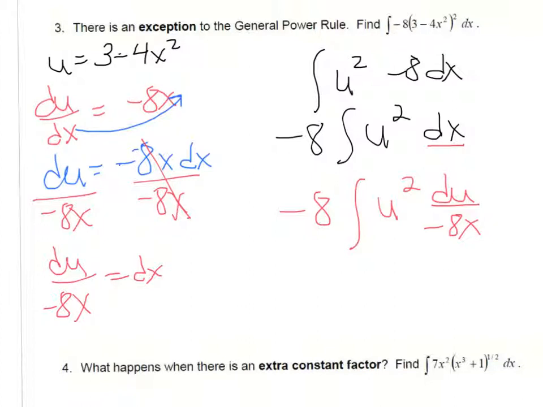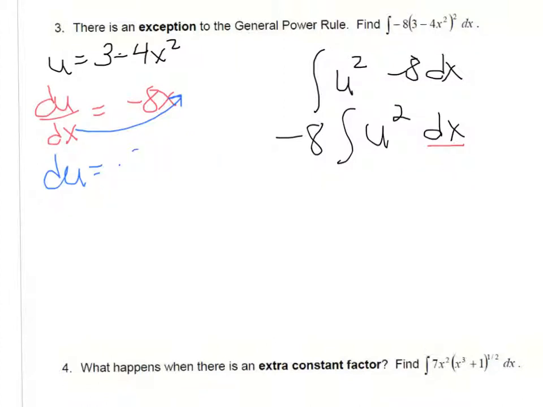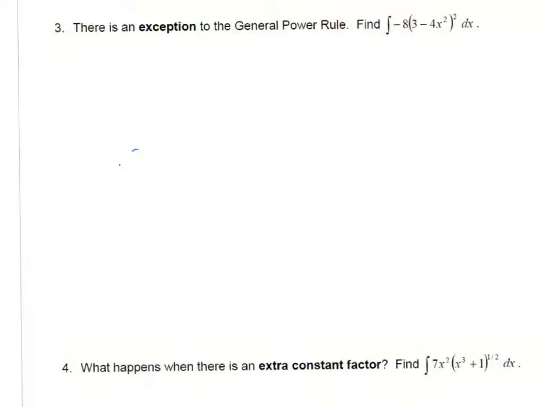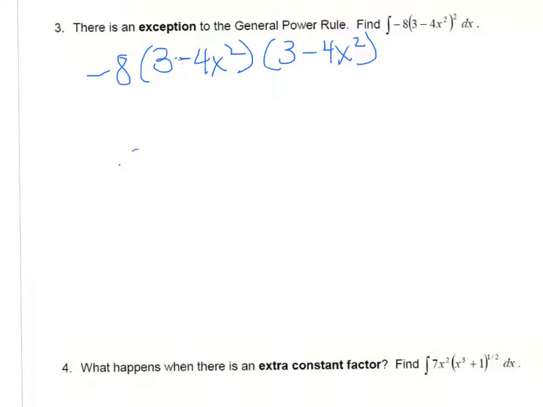We do have an option because the power here is just a squared. It's not a very high power. I could, if I get myself some space, actually multiply out that integrand. So we will FOIL or box method these terms.